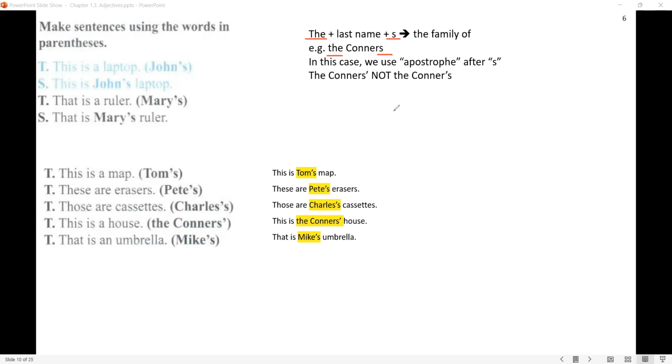So when you want to show possession in this case, we don't use apostrophe S like this. This is wrong. We say the Connors. So we use S apostrophe. The apostrophe comes after S. So look at this one. This is the Connors' house. You have apostrophe after S.